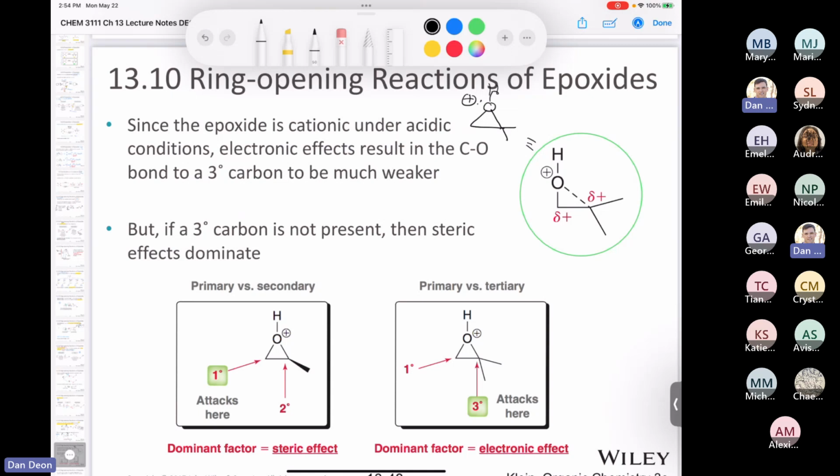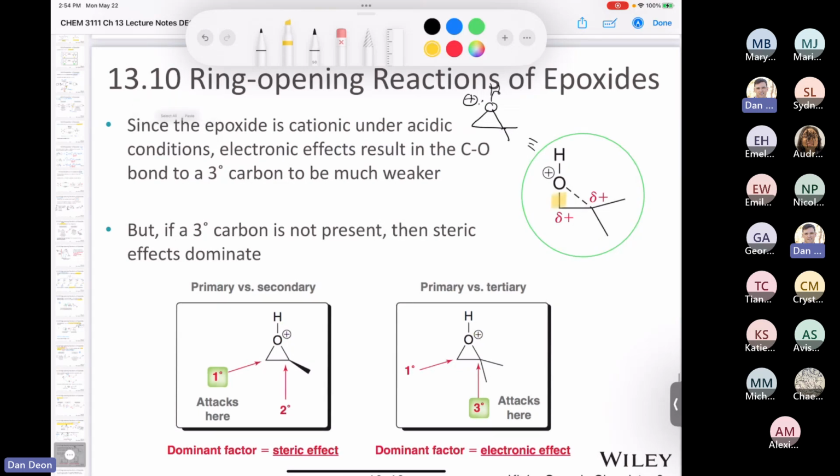The rationale is based on an electronic effect, based on partial positive charges. So since the epoxide is cationic under acidic conditions, electronic effects result in the carbon-oxygen bond to the tertiary carbon being much weaker. Because if you think about this bond in yellow and this bond in green, which one is going to be more comfortable with carbocationic character?